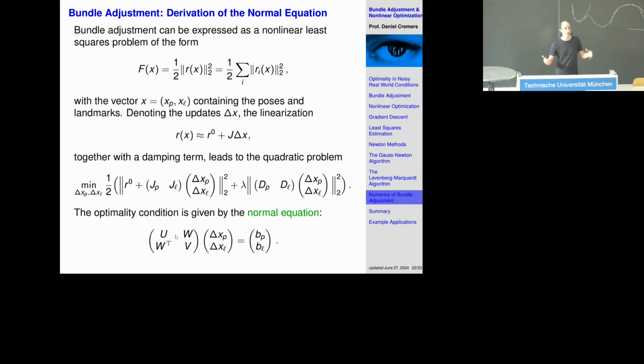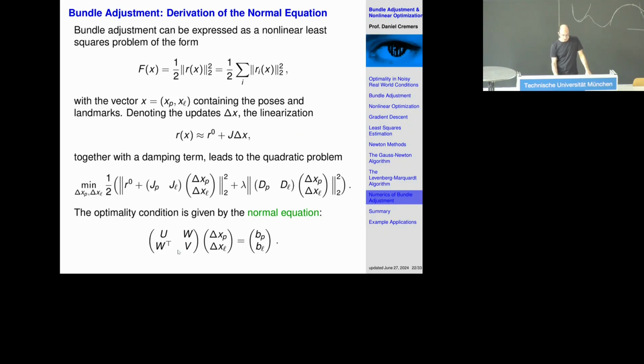Typically you have far fewer parameters for the cameras, because you're going to have maybe 100 images times 6 is 600 camera parameters. But then you're going to have 1,000,000 points times 3 is 3,000,000 point parameters. So whereas U is only like 100 by 100, the V matrix is more like 1,000,000 times 1,000,000. So U is fairly small, but V is gigantic.